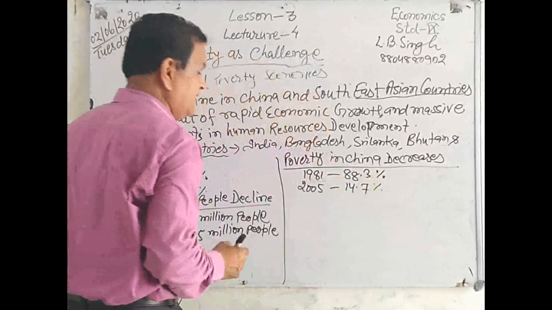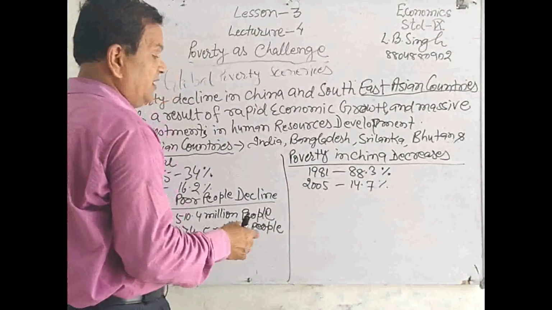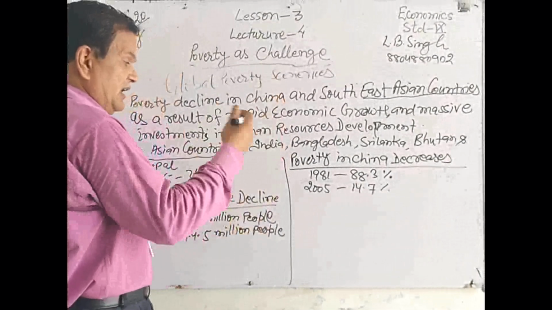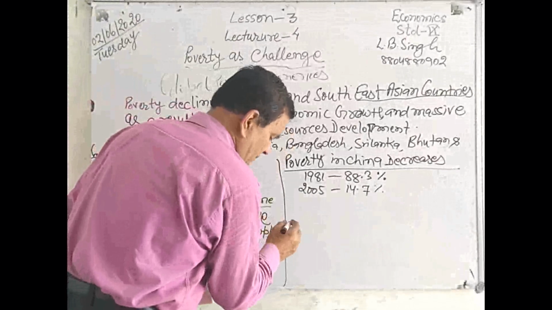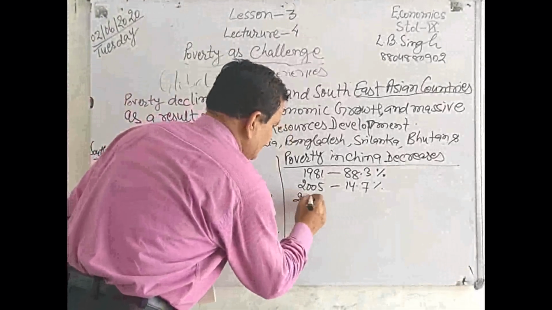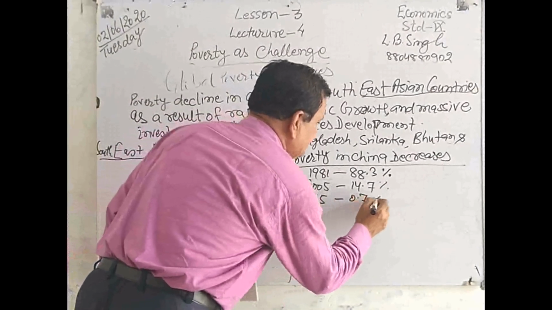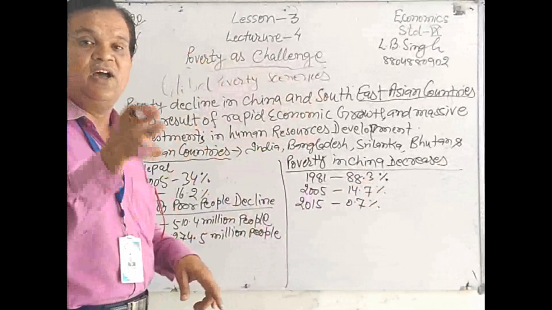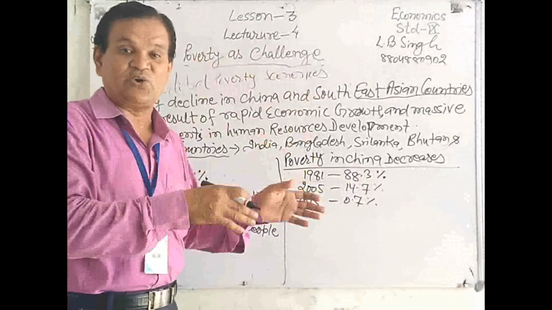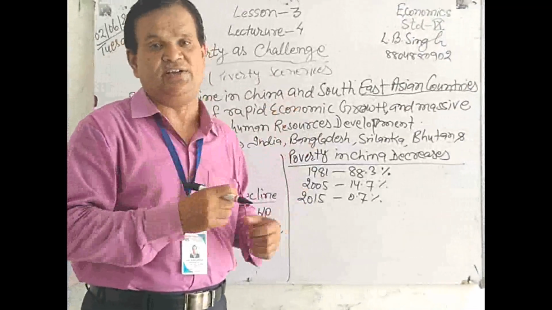You can see in these two decades, very few people were poor in China. After that, in 2015, you can say only 0.7% people were poor. Now, this is the year 2020. That's why there is no poor people, no poverty in China.